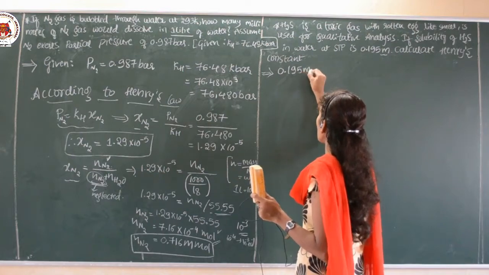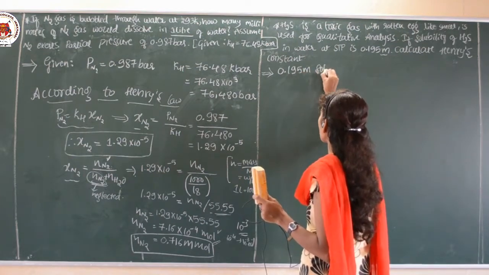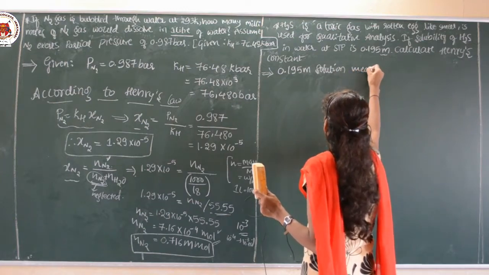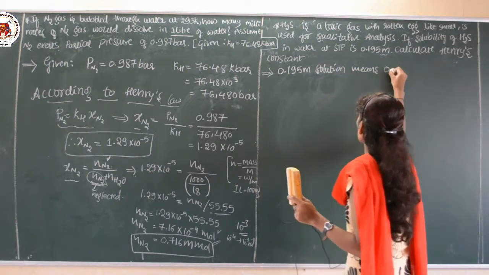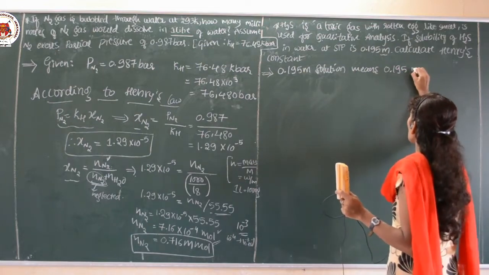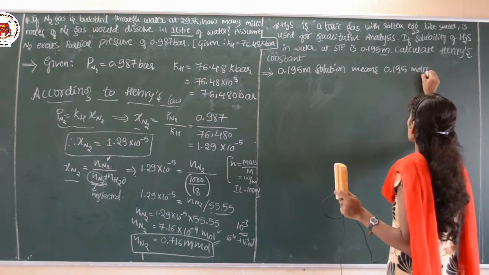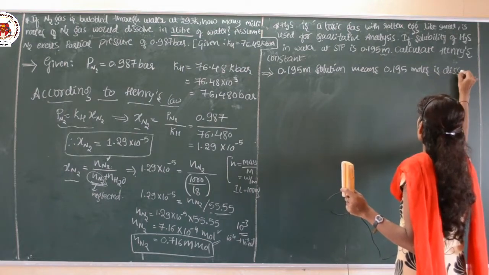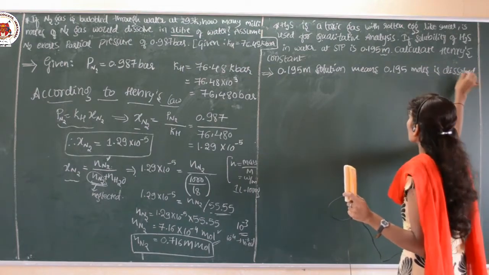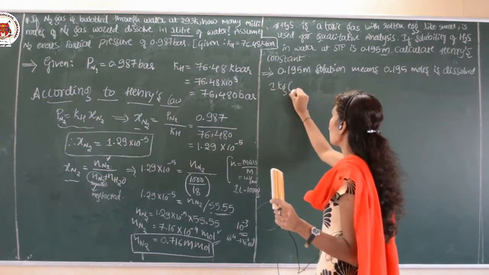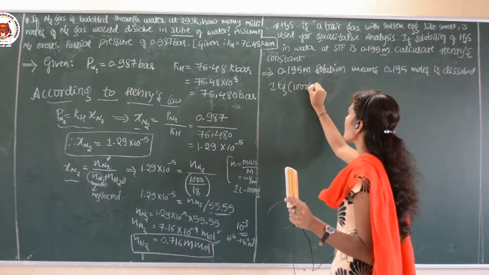0.195 molal solution means 0.195 moles is dissolved in 1 kg, or 1000 grams.